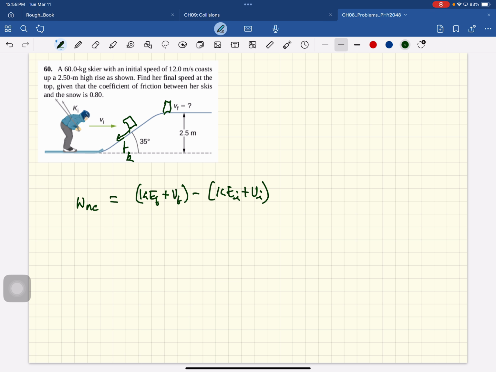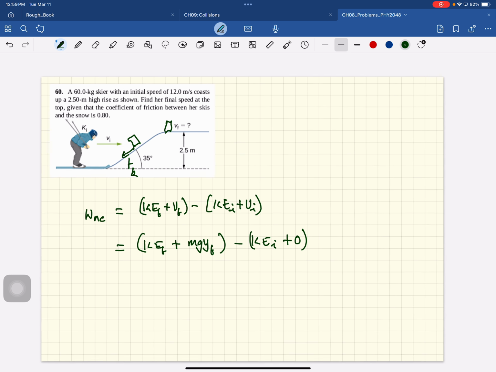What kind of potential energy do you have? Gravitational potential energy. We'll take this level y initial to be 0, plus 0.